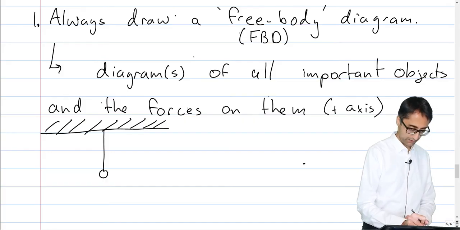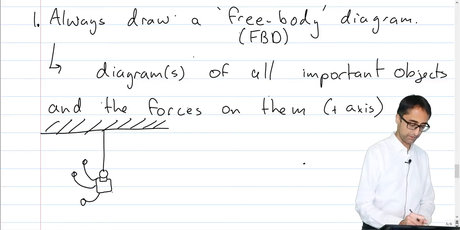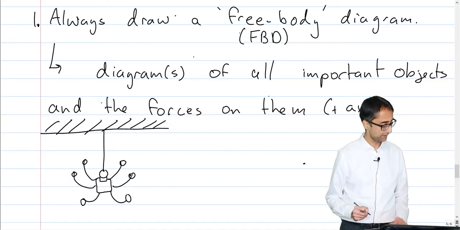So I'm going to draw a chandelier here. It's going to be beautiful. It's got like this, like that, and this. Oh no, it's starting to look like a spider. Beautiful. Okay. There we go.